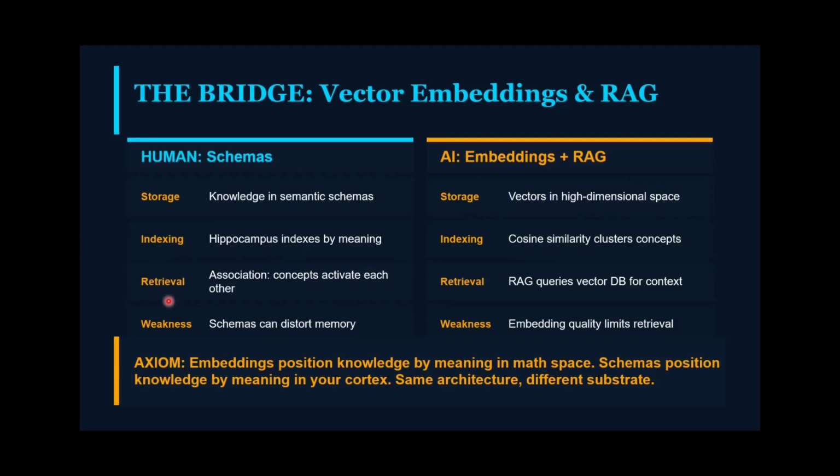Now, retrieval in the human brain: you have association, you have concepts, and they activate each other. Again, it's kind of this bucket of concepts. And then retrieval, very similarly, works with a RAG, or retrieval augmented generation query, from that vector DB, that storehouse of vectors for context.